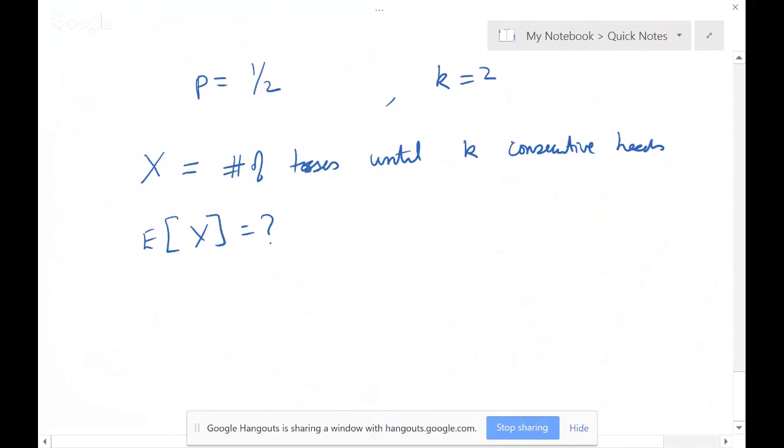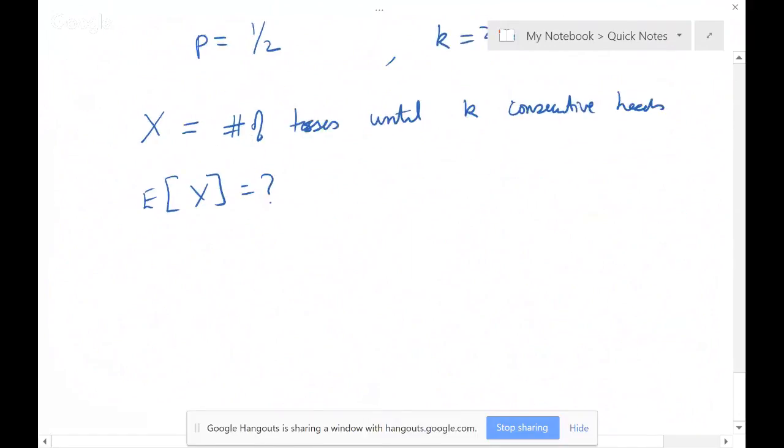Okay, so now let's think about this. I haven't thought about this question, or at least don't remember having thought about this, so we have to work through it carefully. A probable strategy to solve this: you write a recursive equation for the expected value of x.